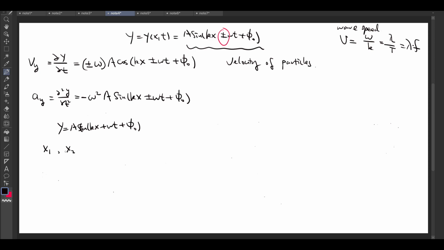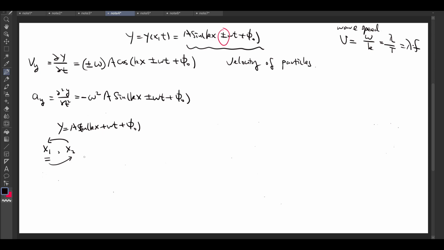The motion of x1 is propagated to x2 later on, or maybe x2 propagates to x1 later on. I want to figure out which one is earlier, since later particles follow earlier particles. From there we can determine the propagation direction, and I will talk about whether the positive sign represents that or not.